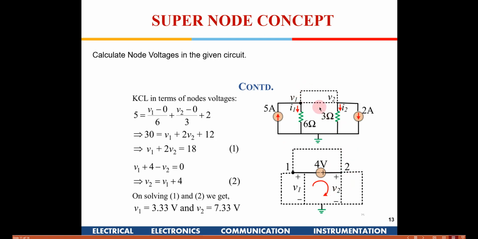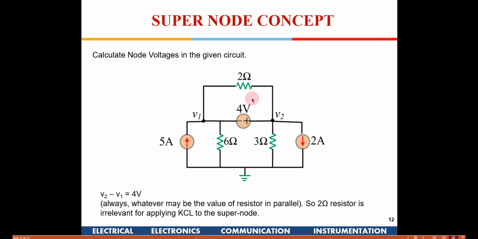You can also finally compute the current passing through this source, because once V1 and V2 are known, the current flowing in 2 ohms is known and the current in 6 ohms is known, and this is 5 amperes. Some current flows through 2 ohms and some into 6 ohms, and the rest has to flow through the 4 ohms. So you can compute the current flowing in this source also.